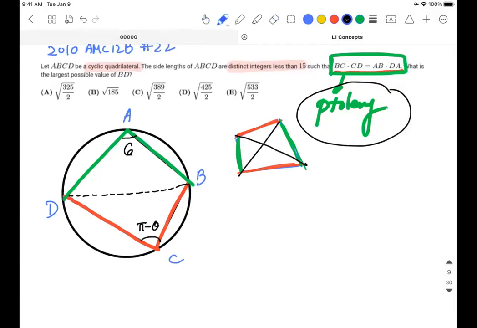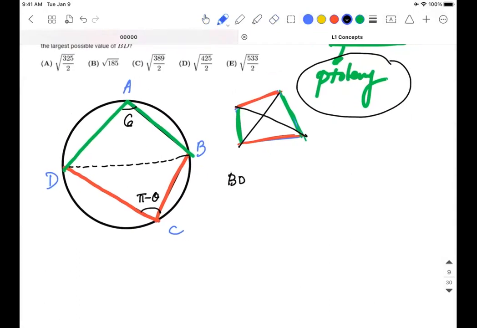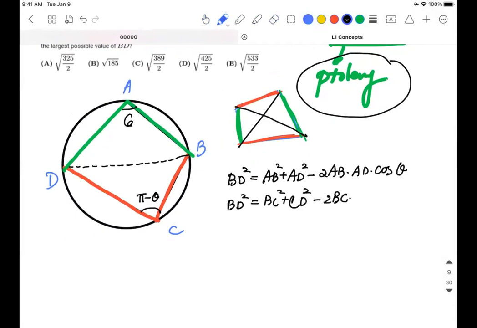So I'm just going to write out this cosine law thing. BD squared equals AB squared plus AD squared minus 2 AB AD cosine theta, right? That's the one for the upper triangle. Same thing, BD squared equals BC squared plus CD squared minus 2 BC CD cosine pi minus theta, right?